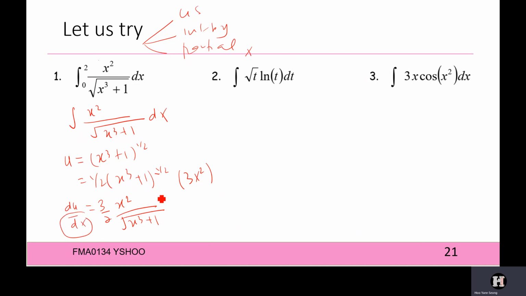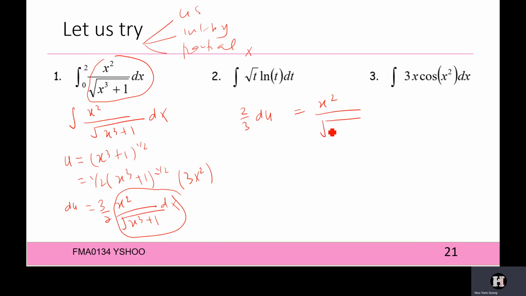If you bring the dx up here, it is totally exactly the same as the integrand. So you have 2 over 3 du equals x squared over square root of x cubed plus 1 dx.